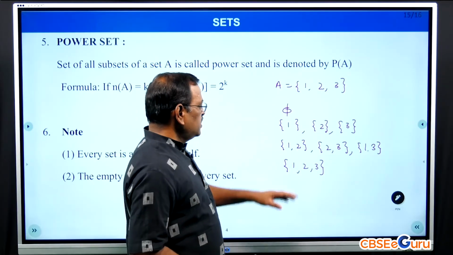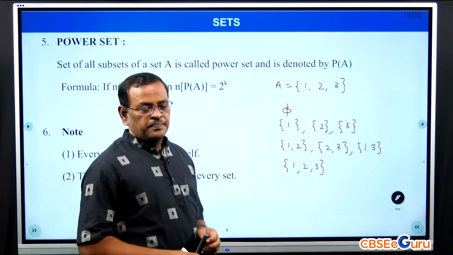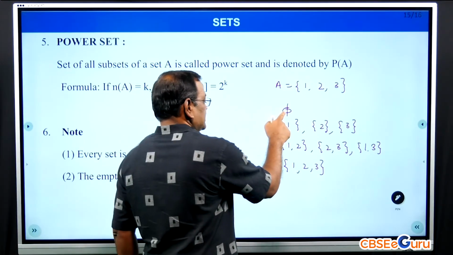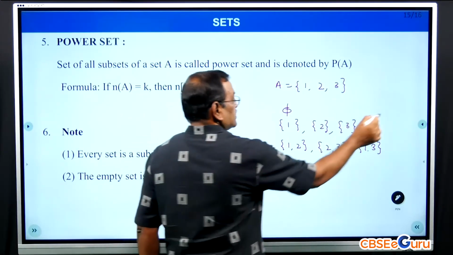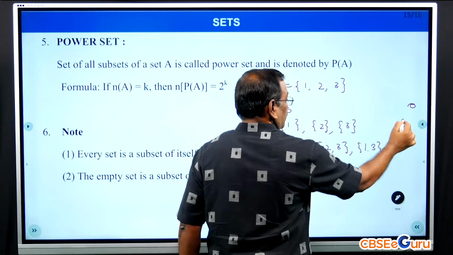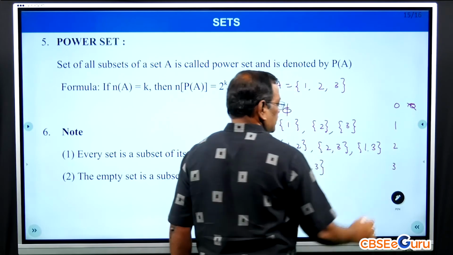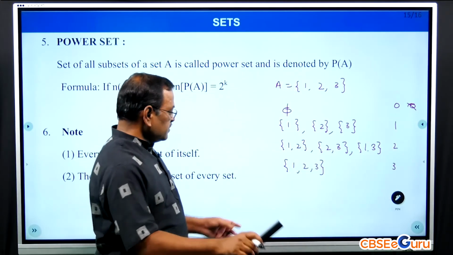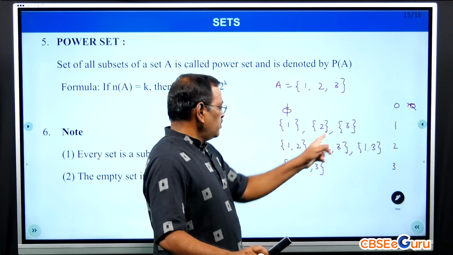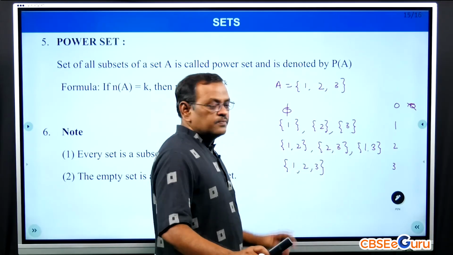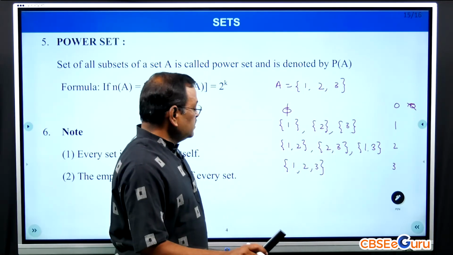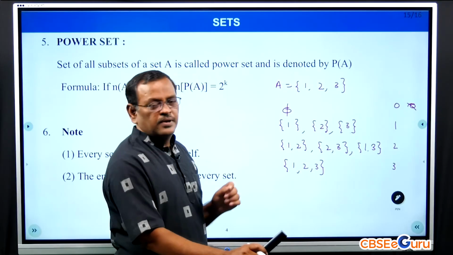All are possible subsets of set A. A set which has no element, one element, two elements, and three elements. Count the number of subsets: 1, 2, 3, 4, 5, 6, 7, 8. So 8 possible subsets. It's a very important formula.